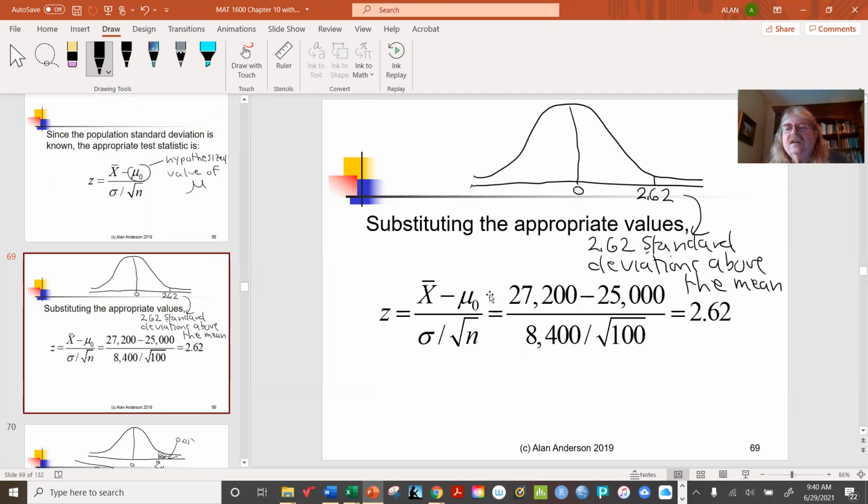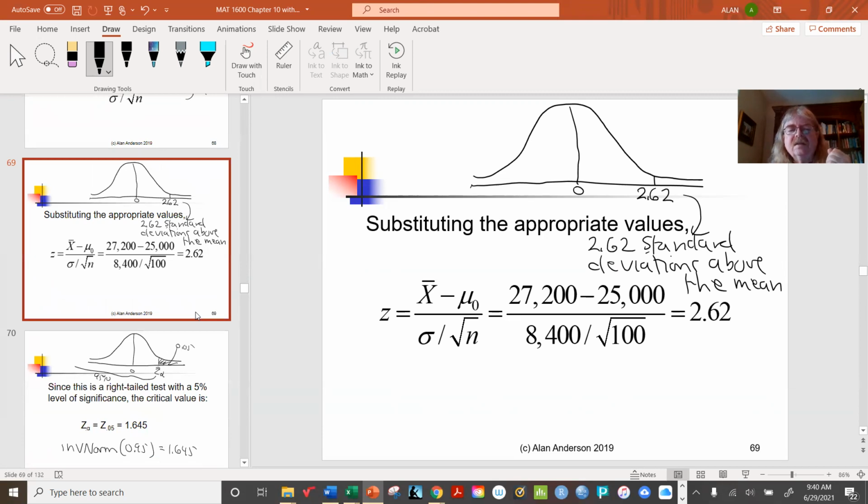We still have to calculate the appropriate critical value so that we know what the benchmark is that we can compare this with. Now, we did this earlier with a 5% level of significance and the standard normal distribution. We wind up with a critical value of 1.645. Only 1.645.